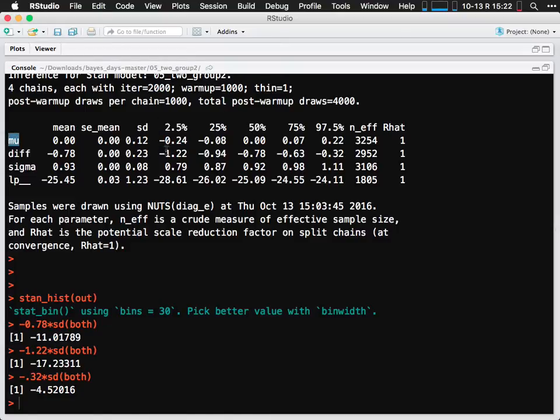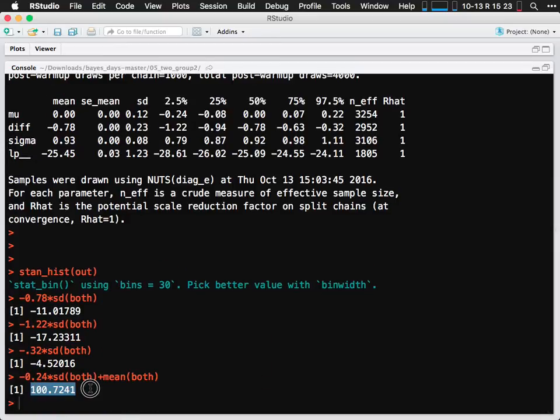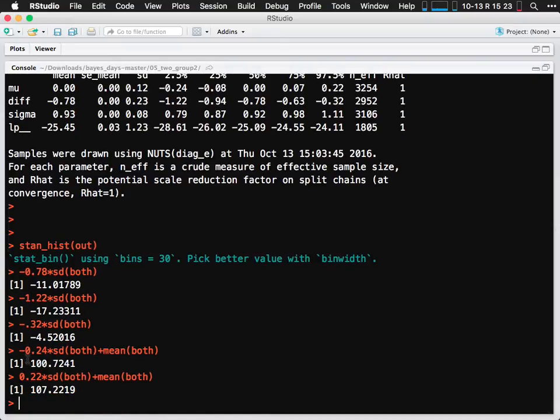Well, you take that negative 0.24, you'd multiply it by SD both, but then you have to add in that mean both as well to get to 100. Ditto to get to the other end, 0.22 times SD both plus mean both. So 100 to 107.